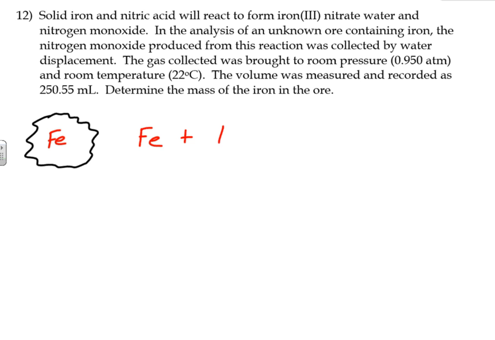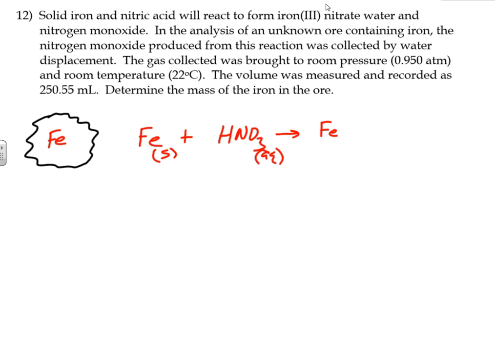So the iron will react with the nitric acid, producing. So iron is going to be in the solid state, nitric acid in the aqueous state. The products are iron 3 nitrates. Let's see, 3.